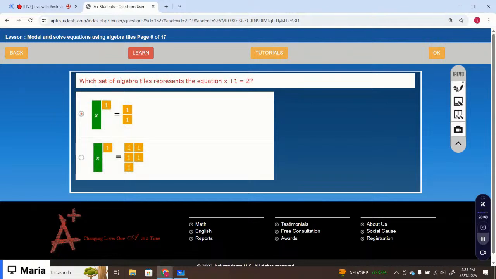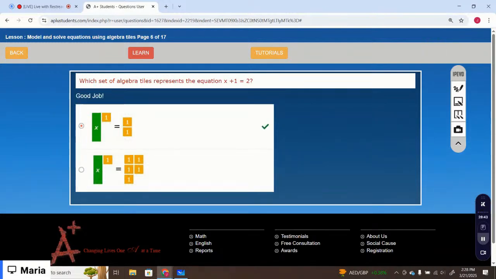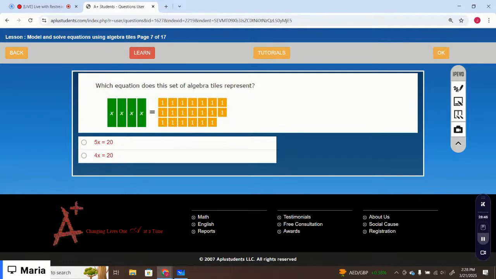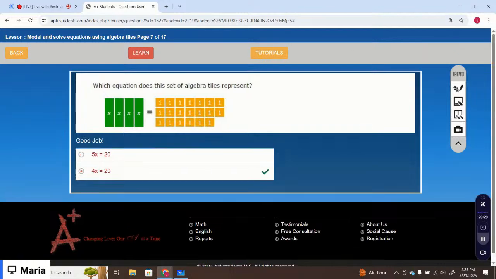Option number one is the correct option. Which equation does the set of algebra tiles represent? Which is the correct option? That is 4x equals 20. Option number two is the correct option.